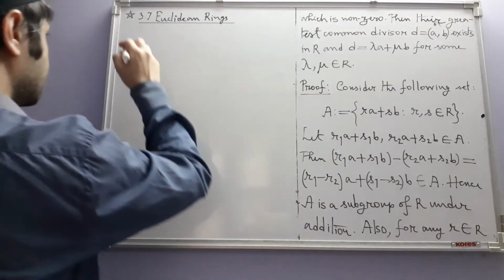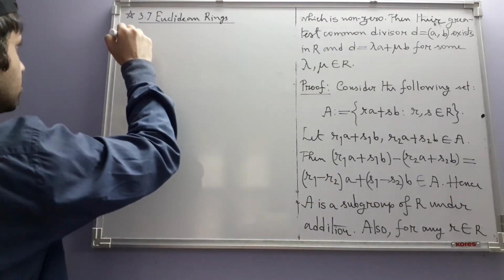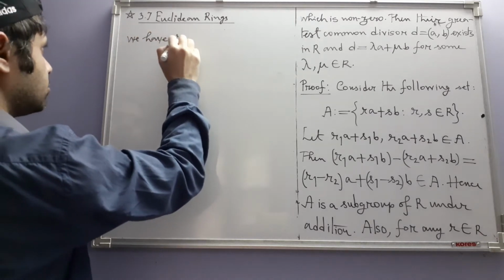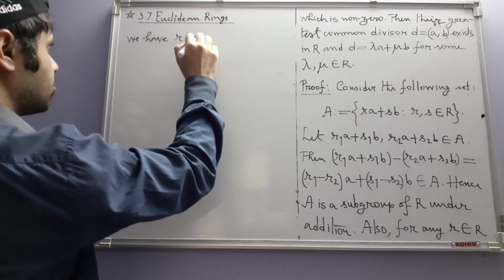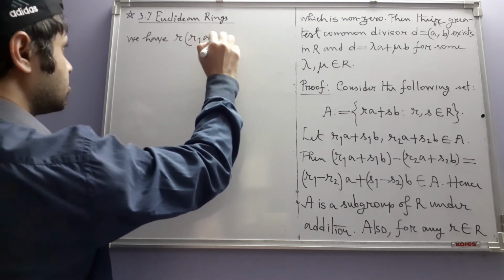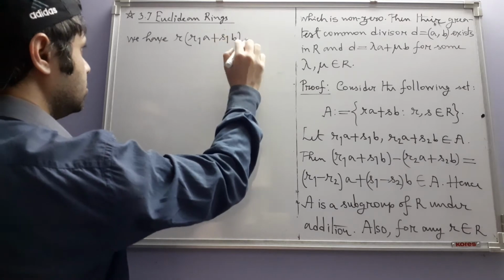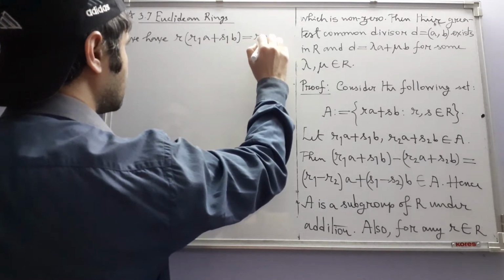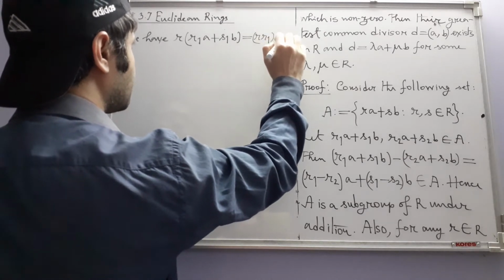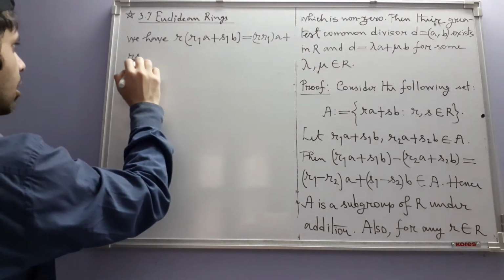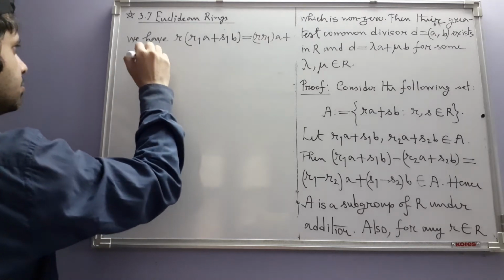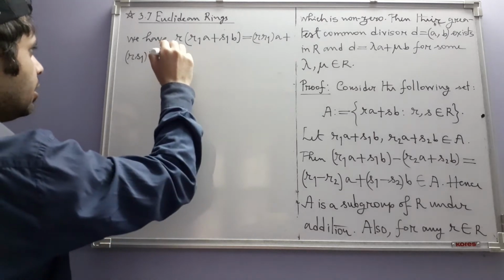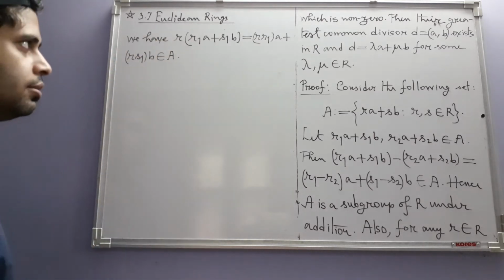For any R belonging to R, we have R times R1A plus S1B, which can be written as RR1A plus RS1B. So this also has the required form for it to be in A, so it belongs to A.